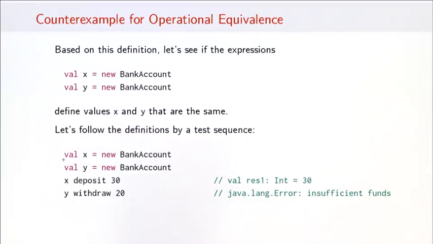Well, according to our definition of bank accounts, we get 30 currency units in the first line. Actually, there wouldn't be anything printed, it's just 30 currency units. And we get insufficient funds when we withdraw 20 currency units from y. Why? Because the initial balance of y was 0, and x and y are different, so you can't withdraw 20 from an account with a balance of 0.